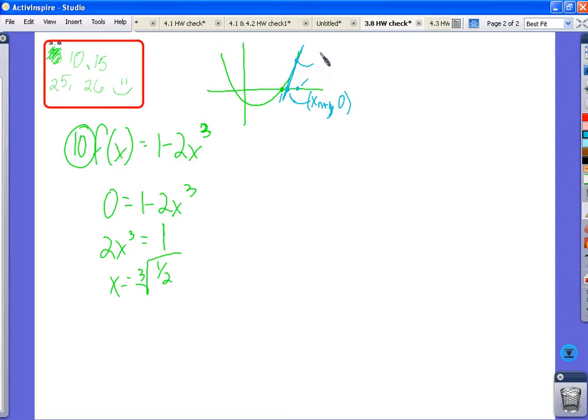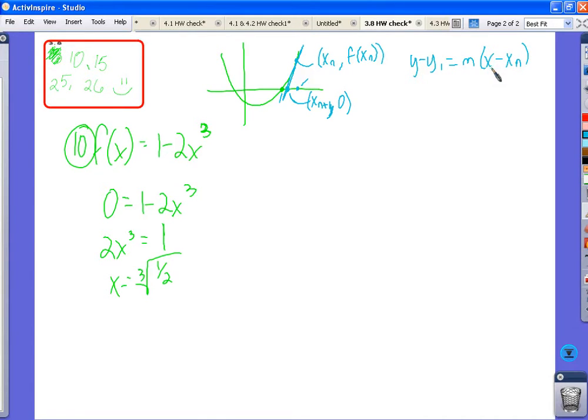This guy here would be x sub n, the guess before x sub n plus 1, f of x sub n. And we said that the equation for a line is y minus y1 equals the slope times x minus x1. The x we're trying to find is this guy right here.